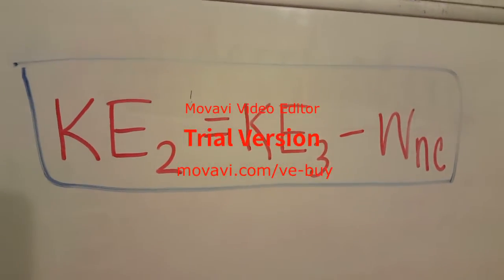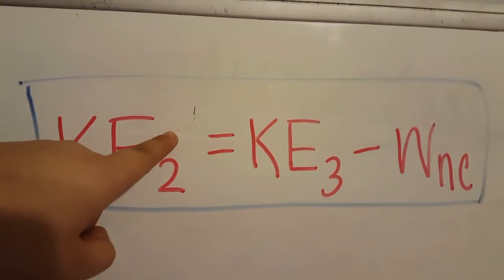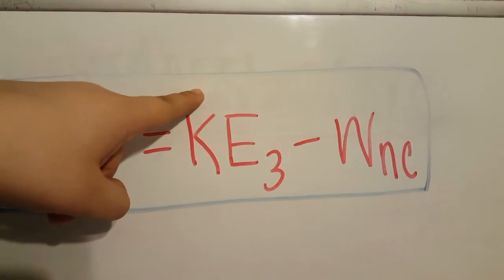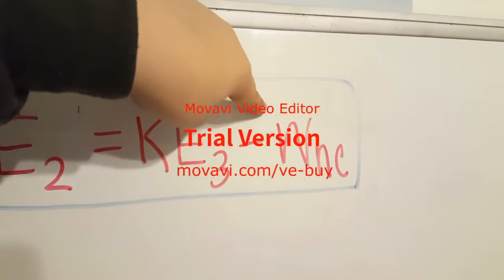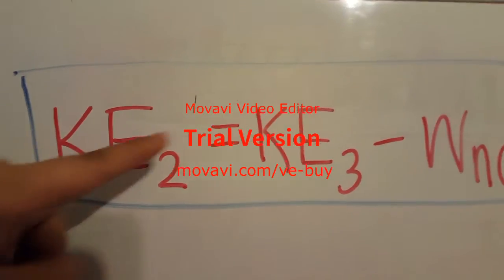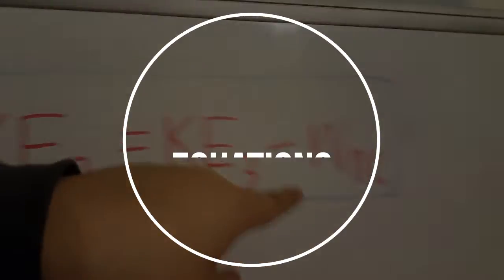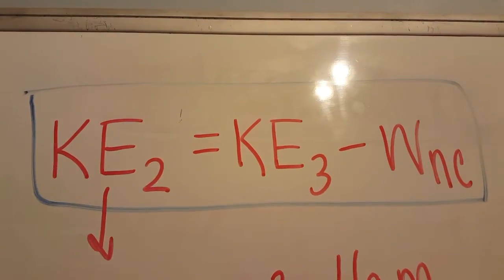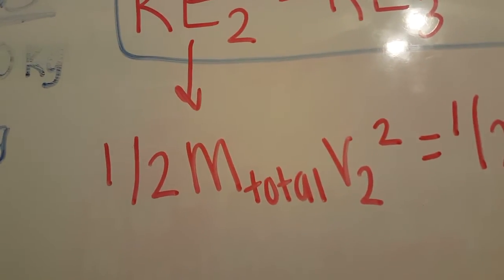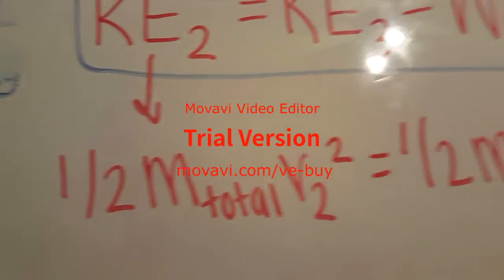Since the kinetic energy in the collision is not conserved, we must first figure out the kinetic energy at position 2 that we previously drew, the kinetic energy at position 3, and the work done by the non-conservative forces, giving us the equation that the kinetic energy at position 2 is equal to the kinetic energy at position 3 minus the work by the non-conservative forces. This equation further breaks down into 1/2 m total v at position 2 squared, because kinetic energy is 1/2 mv squared.